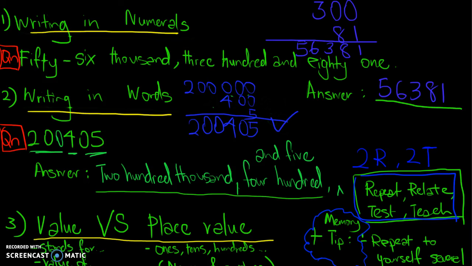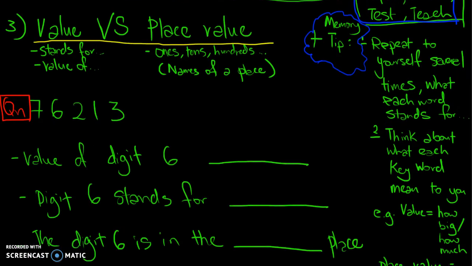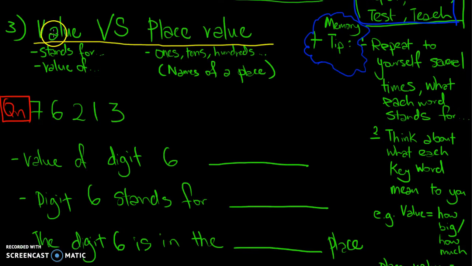Okay, next, value versus place value. This is another important concept you should know. You should know the words, and when questions ask you what something stands for, you must know what they are asking, and not be confused with the words place value.